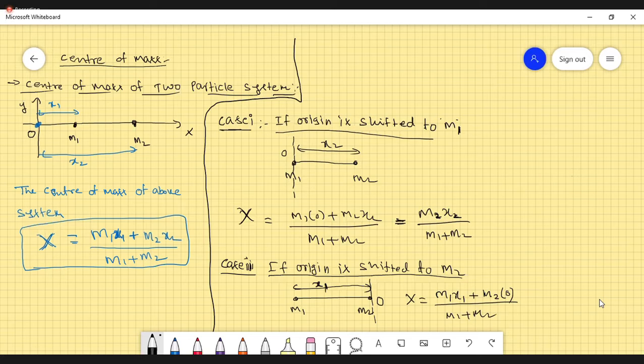So finally what you will get? x equals to m1 x1 by m1 plus m2. So this is the center of mass case.